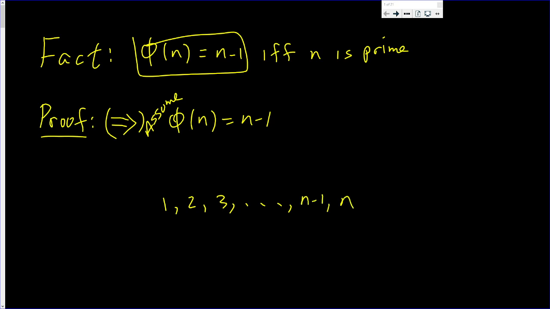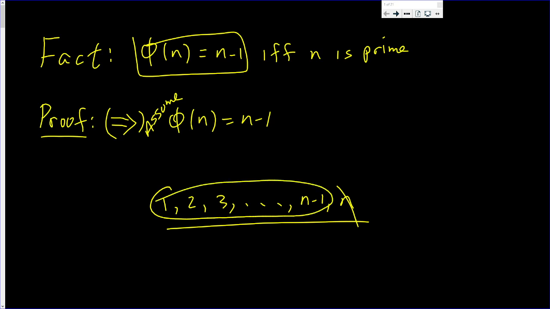There are n numbers, and clearly n goes into n. So these must be the n minus 1 numbers that have nothing in common with n.